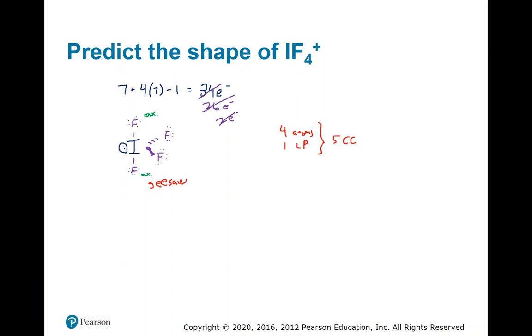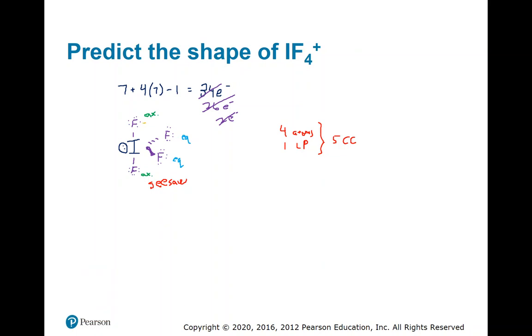So we'll go ahead and label them. So there's 2 types of bond angles to consider. One is between an axial and an equatorial position, and the other is between 2 equatorial positions.